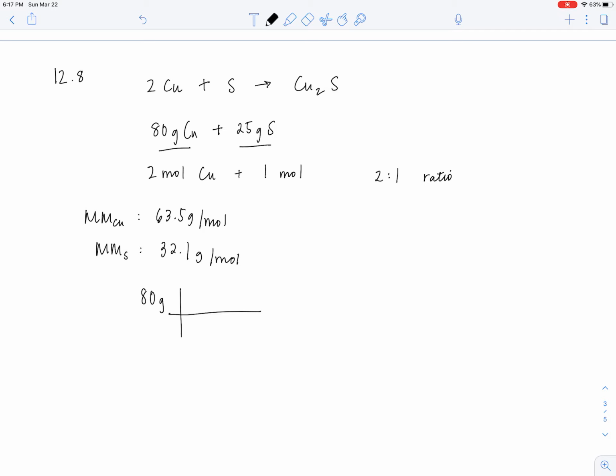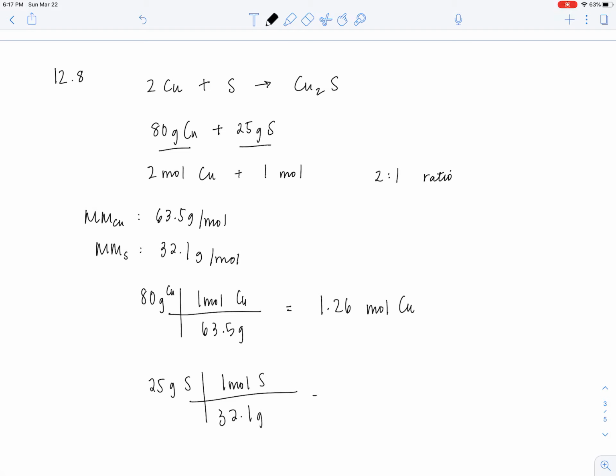So 80 grams of copper, 1 mole of copper is 63.5 grams, and so what that gives us is 1.26 moles of copper. And we have 25 grams of sulfur. 1 mole of sulfur is 32.1 grams, and that is 0.779 moles of sulfur.